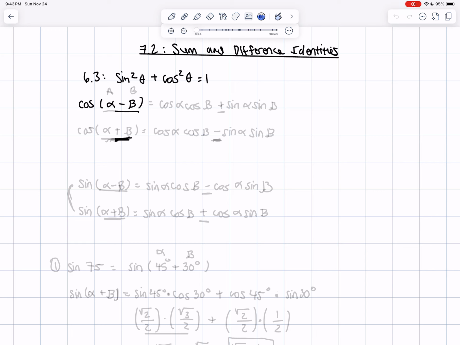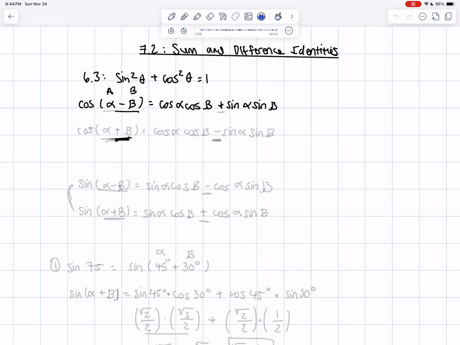Let's look at them. The first one is cosine of alpha minus beta, or I would always say just A minus B, and it's where you have cosine alpha times cosine beta, plus sine alpha times sine beta.